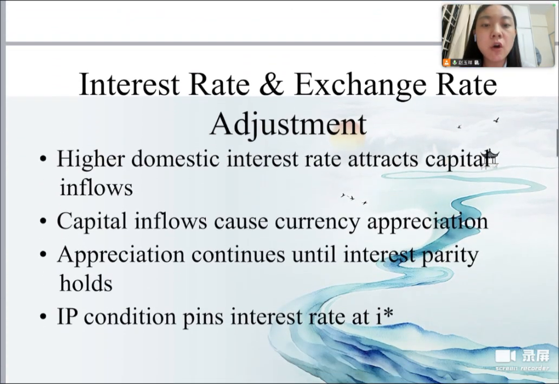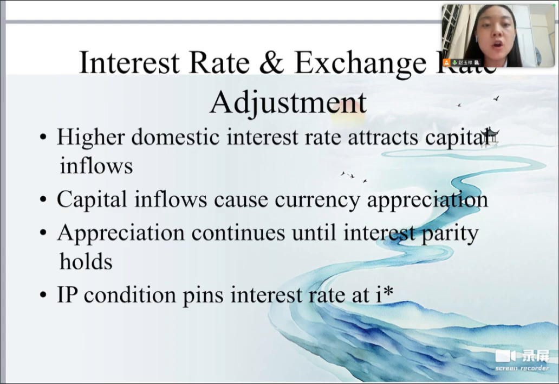However, in an open economy with high capital mobility, the domestic interest rate cannot remain above the world interest rate for long. The domestic interest rate temporarily rises above the world interest rate.